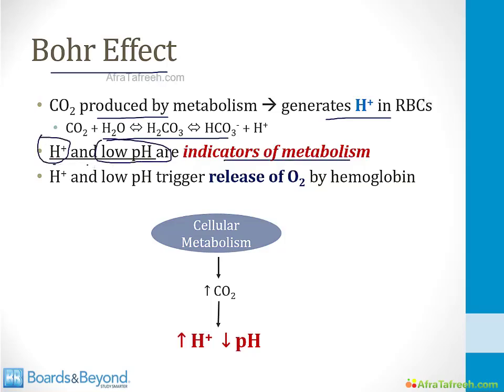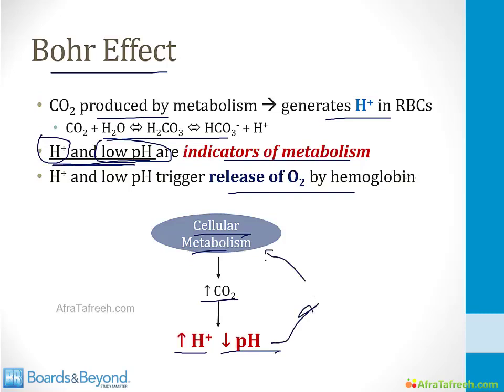Anytime there's more protons or a lower pH, that means metabolism is going on. And therefore, we have evolved such that these things, a high H+ or a low pH, trigger the release of oxygen by hemoglobin. This is all very logical. When there's cellular metabolism, there's more CO2 that raises the proton count and lowers the pH, and that triggers hemoglobin to release oxygen so it can be used for metabolism. And this phenomenon is known as the Bohr effect.